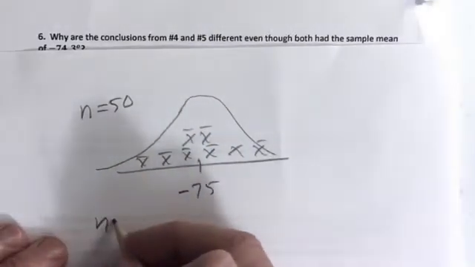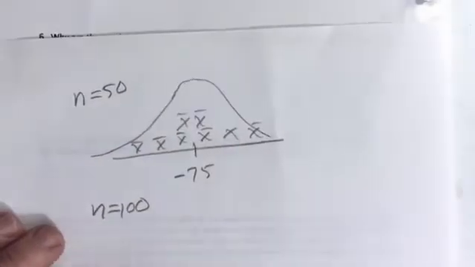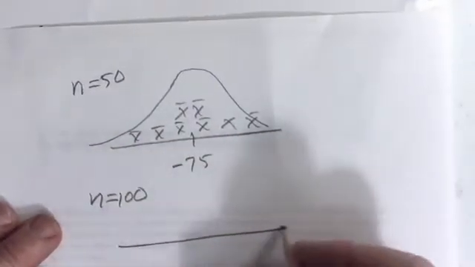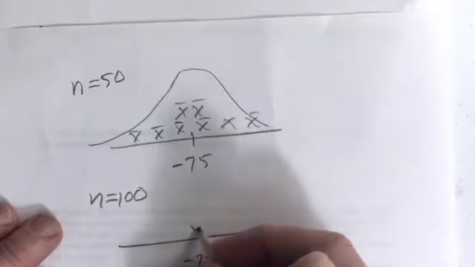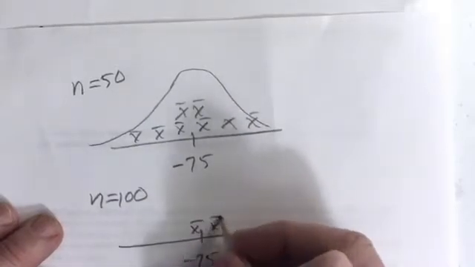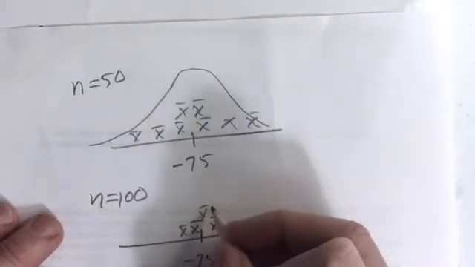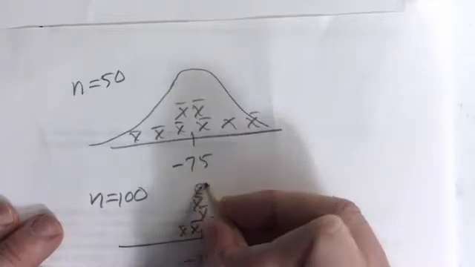When you increase your sample size to 100, everything else equal, you're still centered at negative 75. But now the bigger sample size makes your X bars get closer together like that.